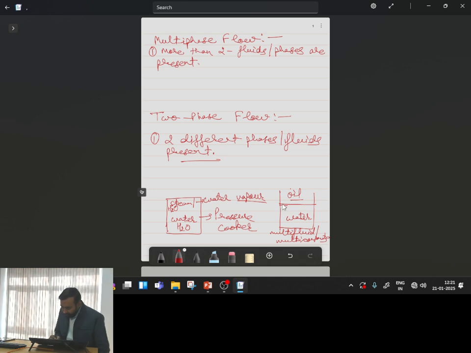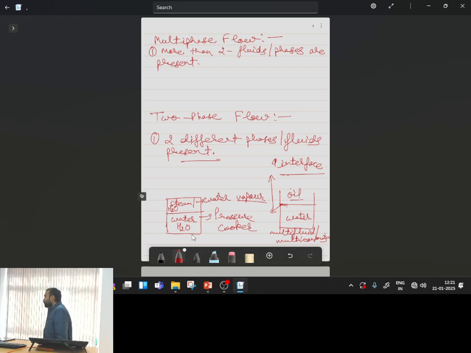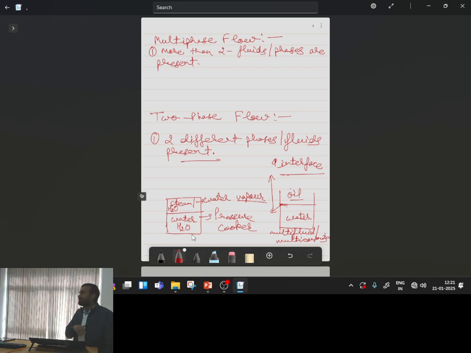This particular border surface is called the interface. This boundary segregating the two components, two fluids, or even steam and water, forms an interface, because steam is not miscible in water.